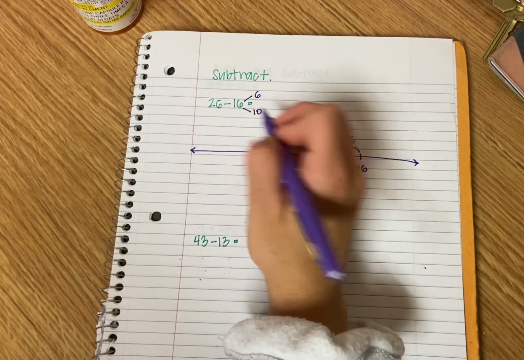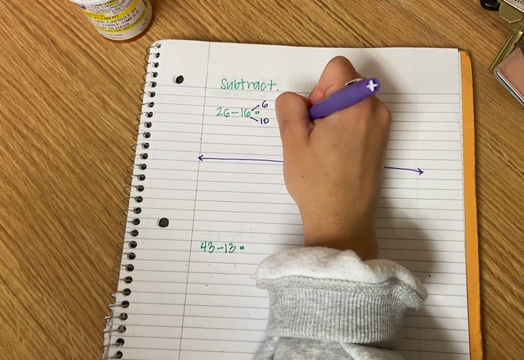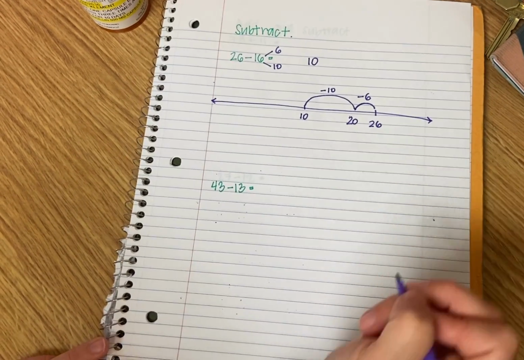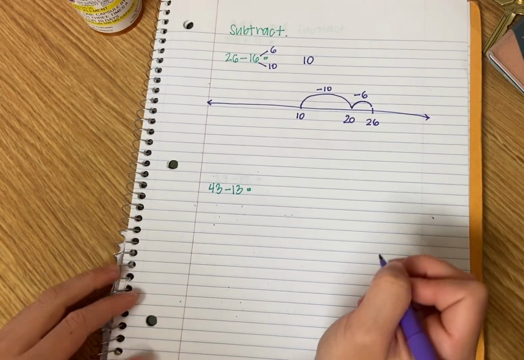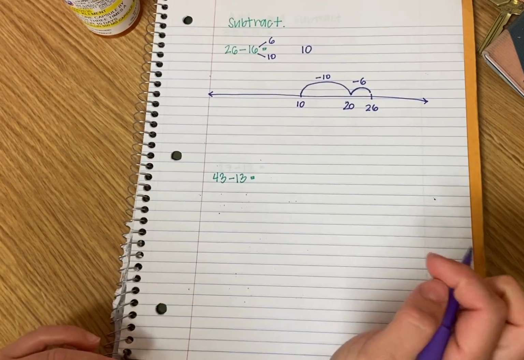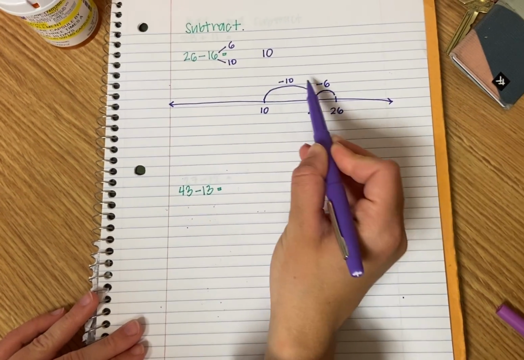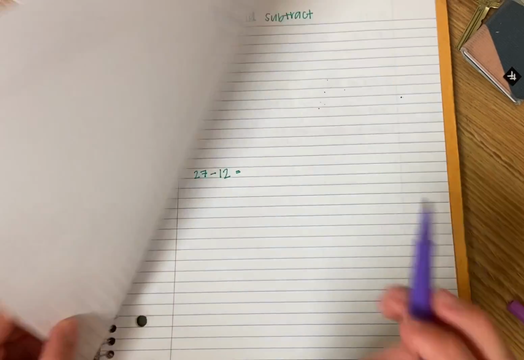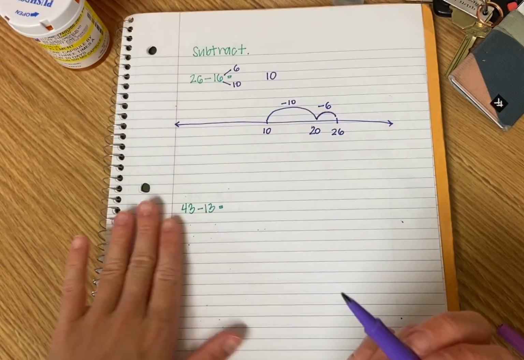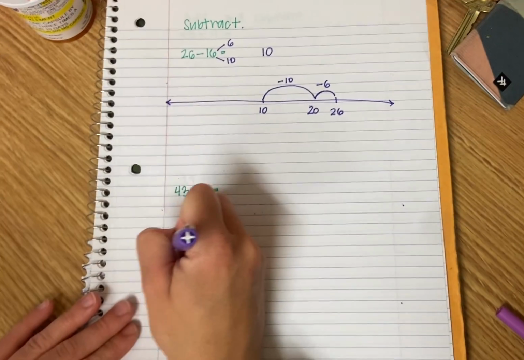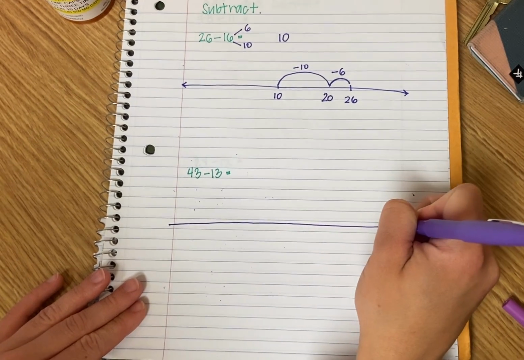So 26 minus 16 equals 10. One more. And as you can see, all of these numbers are pretty easy to subtract from. We're going to have 2 tricky ones to finish off, but here's one more that is a little bit easier.